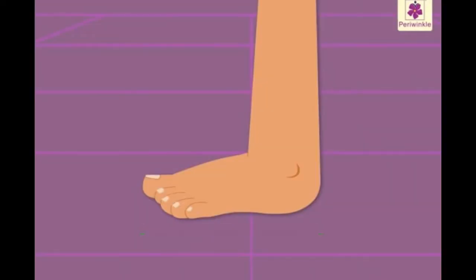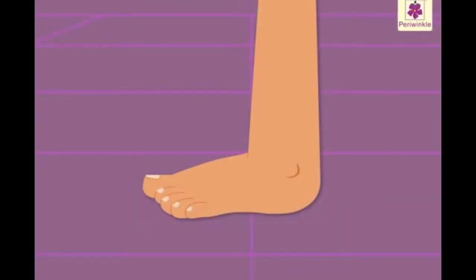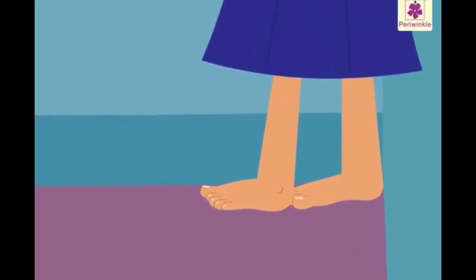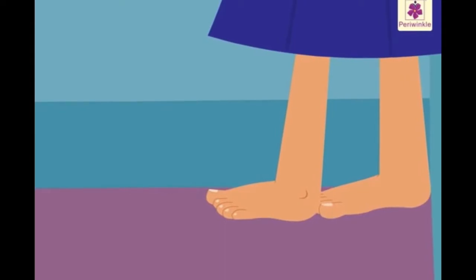Now, let's see what you mean by foot span. Foot span is the distance from the tip of the toe to the heel of the foot. Look, Lisa is measuring the length of the classroom with her foot spans.